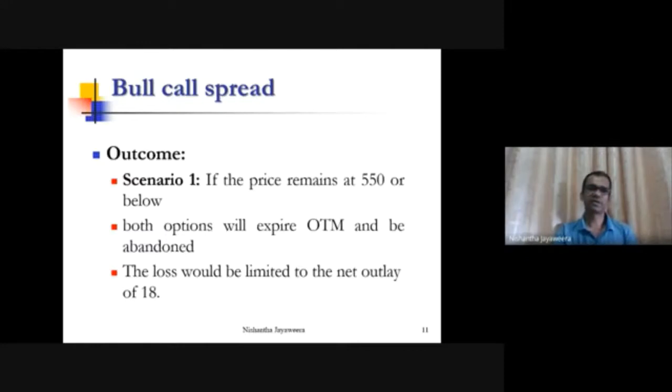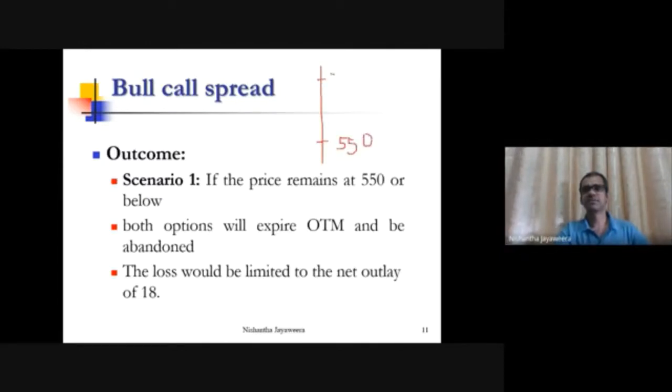So what are the possible outcomes? In scenario 1, if the price remains at 550 or below, I'll draw this again. This is 550. This is 600.